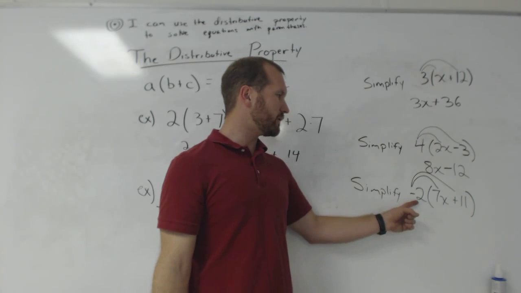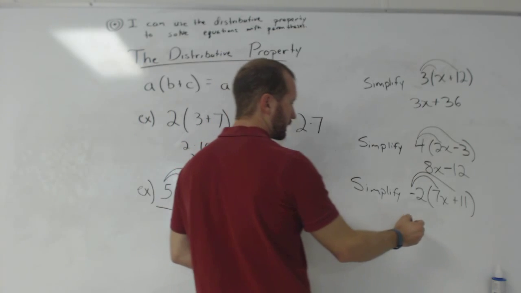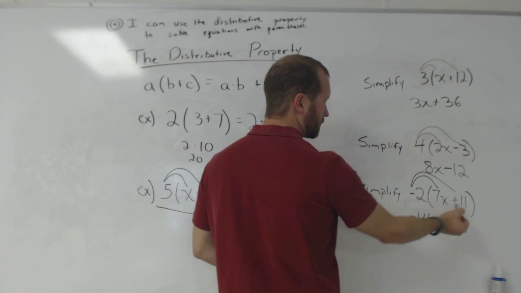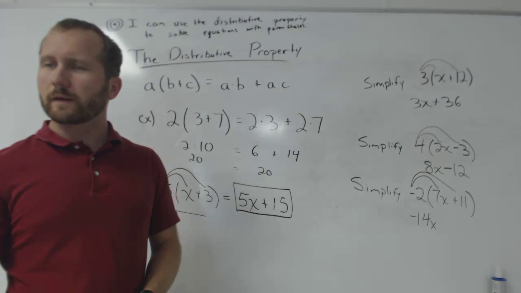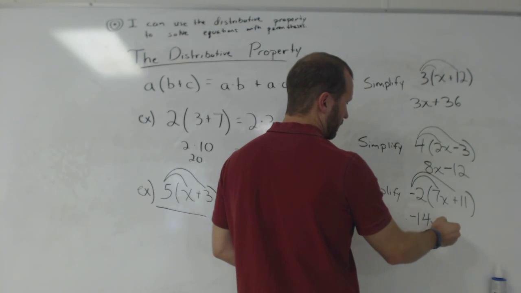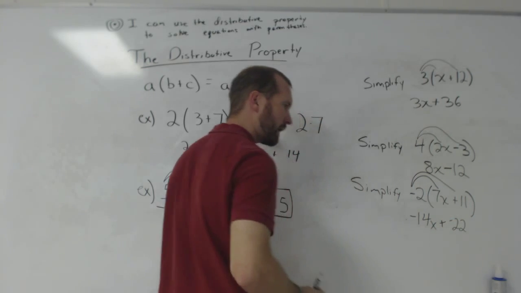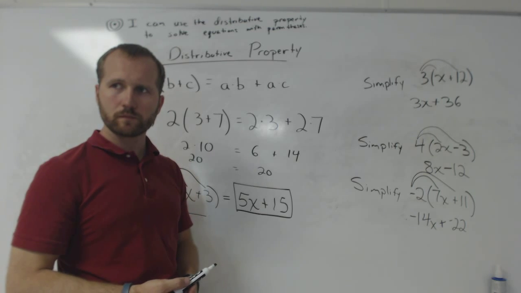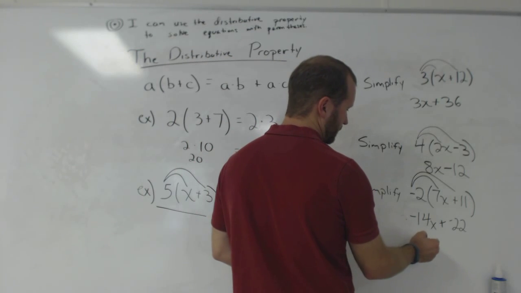So what is negative 2 times 7x? Negative 14x. What is negative 2 times 11? Negative 22. So I would write plus negative 22. Is there a simpler way of writing plus negative 22? Isn't that just the same thing as this?